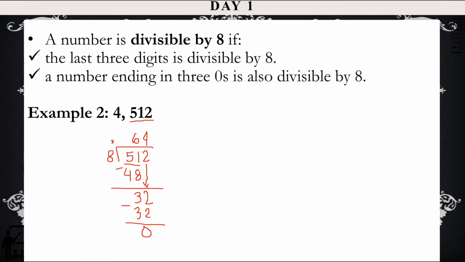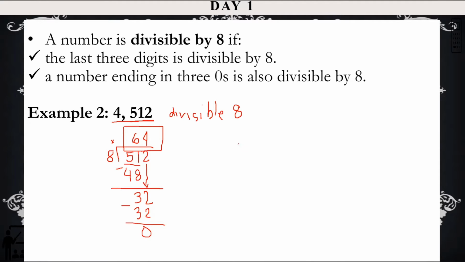If the quotient is a whole number, then the number is divisible by 8. So 4,512 is divisible by 8. Let me give you another example of the divisibility rule of 8.